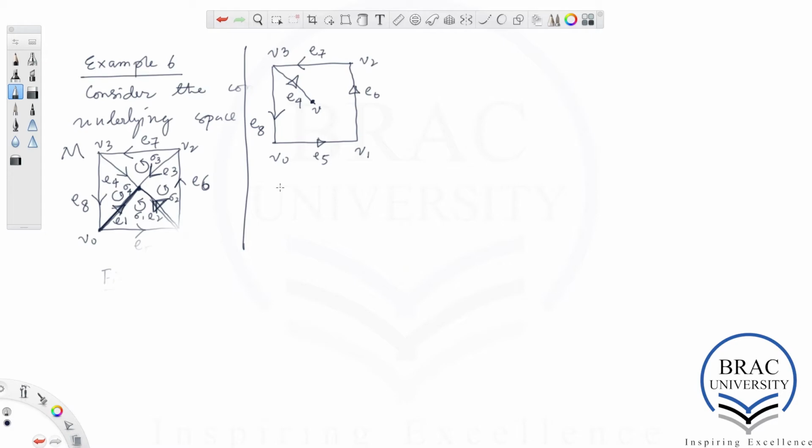So we found that the one chain that we started with is homologous to a one chain carried by the subcomplex of the given complex M. Now, in addition, if the one chain C happens to be a cycle, then C3 is also a cycle, right?